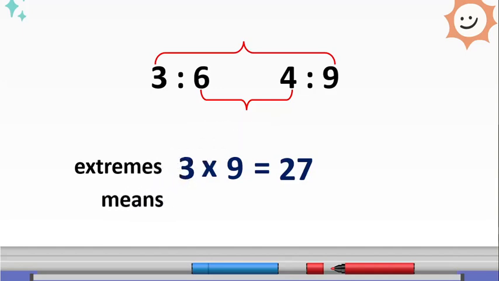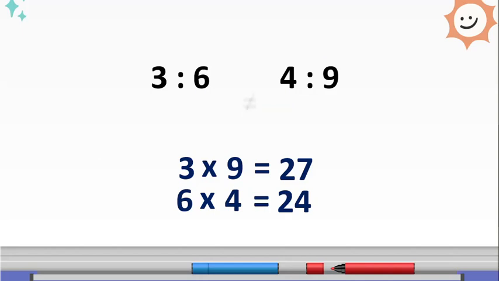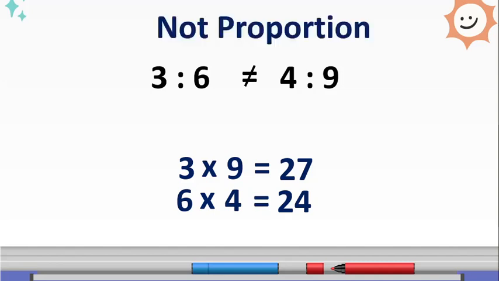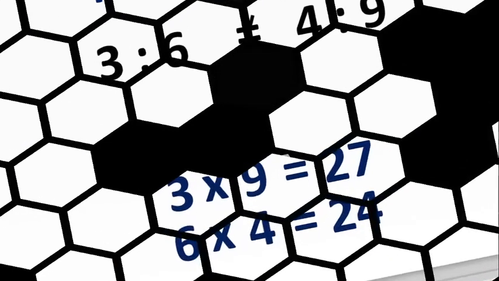Multiply the means, 6 times 4 is equal to 24. Are they equal? The product of the extremes and the product of the means are not equal. Therefore, ratios 3 to 6 and 4 to 9 are not proportion. So hope you understand what proportion means.